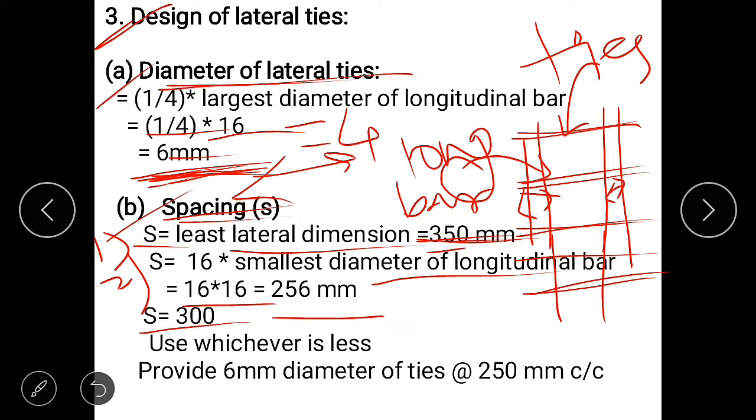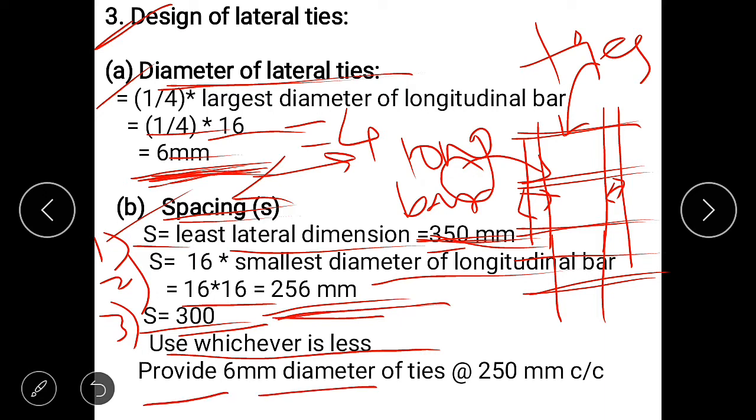And third is to consider 300 mm. Use whichever is less from these three: 300, 256 and 350. So 256 is less. So provide a 6 mm diameter of ties, and the spacing is 256, but we consider 250 here.